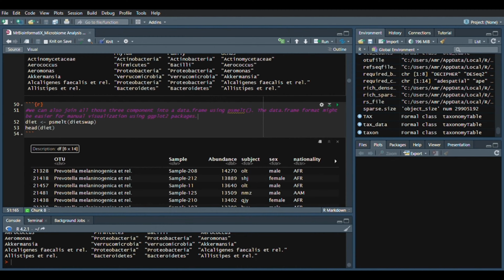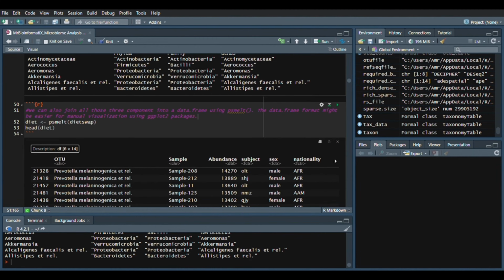Applying this function to the phyloseq object has several advantages. First, it transforms complex multi-dimensional data into a simpler 2-dimensional format, making it easier to see the relationships between samples and their OTUs. Secondly, the data format allows for straightforward filtering and manipulation with R tools, like dplyr, enabling quick examination of specific groups or conditions.